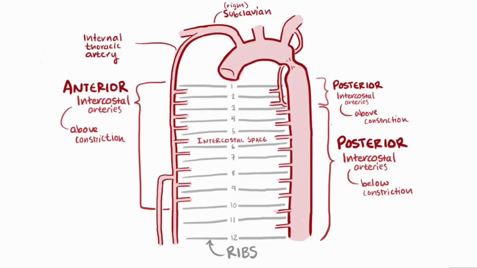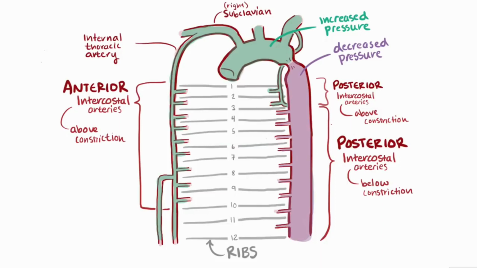Okay, so upstream, you have this increased pressure in the aorta, causing increased pressure in the subclavian, internal thoracic artery, and then anterior intercostal arteries, and the first 2 posterior intercostal arteries. And then you have decreased pressure below the constriction in the posterior intercostal arteries for ribs 3 and below. Now what you need to know is that these arteries are normally linked up to form an anastomosis, which means that there's this direct connection between these anterior and posterior arteries.